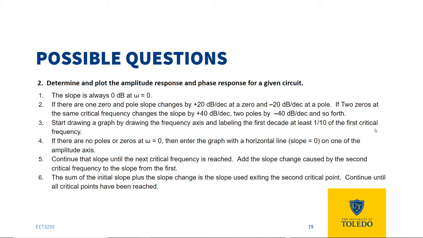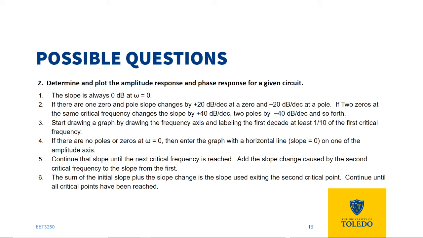Possible question number 2. Determine and plot the amplitude response and phase response for a given circuit. The slope is always 0 decibels at omega equals 0. If there is 1 zero or pole, the slope changes by plus 20 decibels per decade at a zero and negative 20 decibels per decade at a pole.